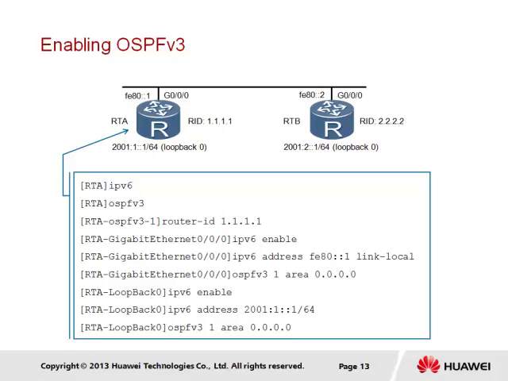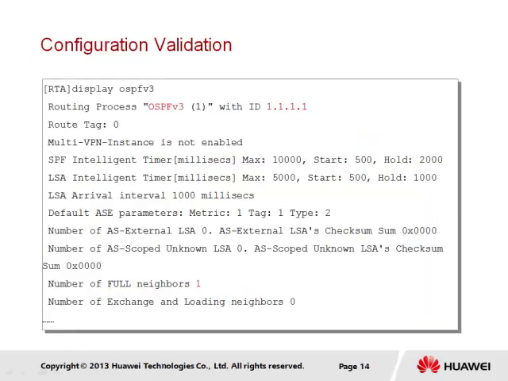We are also able to configure an IPv6 global unicast address on interface loopback 0 and advertise this network through OSPFv3 by once again enabling IPv6, configuring a global unicast address on the interface and associating this with area 0. Once basic configuration of OSPFv3 is complete, we are able to use the command display ospfv3 to view the results of the configuration.